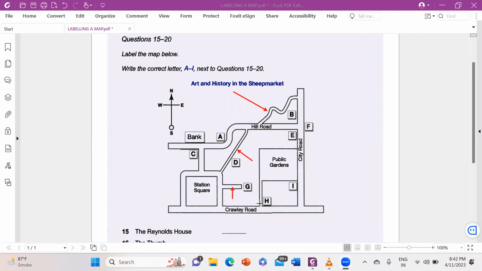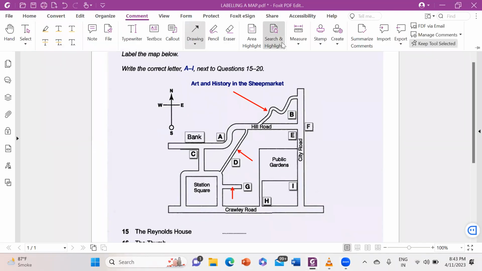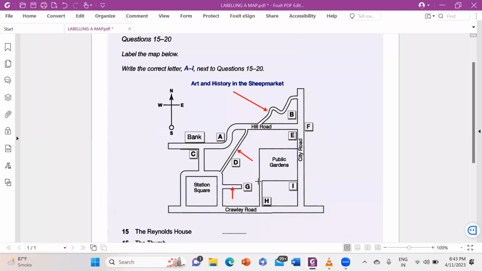Do you see this small gap over here? Crawley Road. Let me just highlight that area. Have a look at this area I'm talking about. Do you see there is, you can enter from here and you can just walk, right?